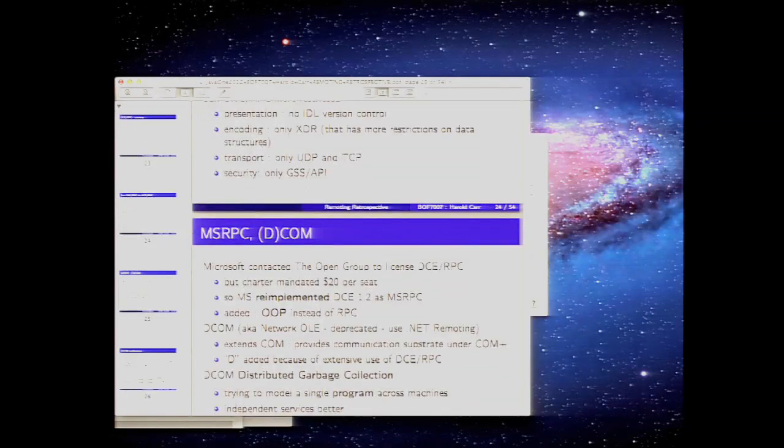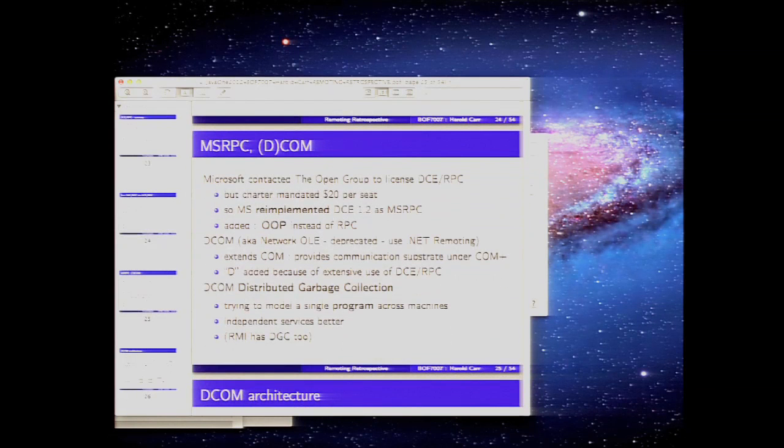So the next thing that comes along is DCOM. And basically what Microsoft did is they tried to license DCE from the Open Group, and they had a charter which made it way too expensive for Microsoft. So they said, forget it, and they basically re-implemented it from scratch. Isn't that what they did with DOS too?